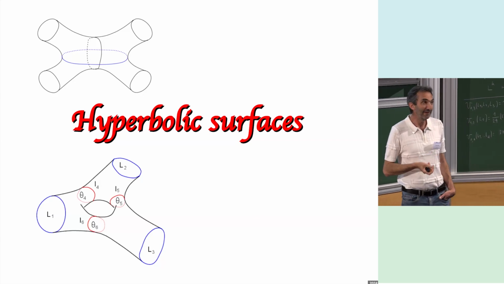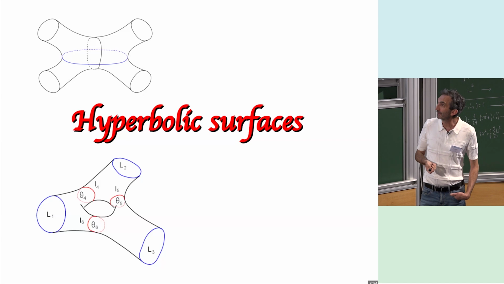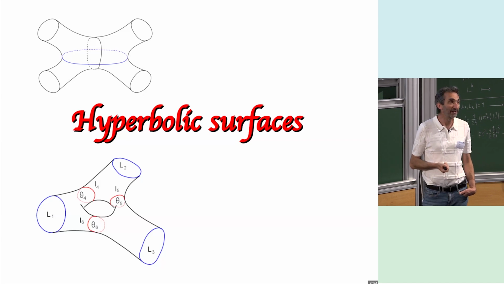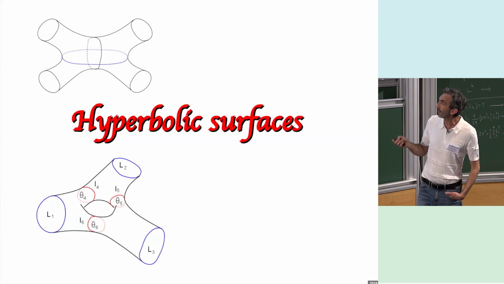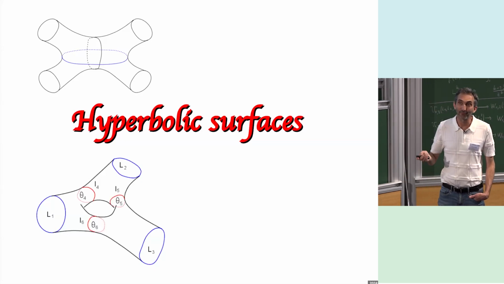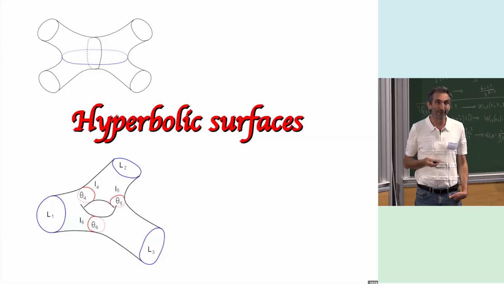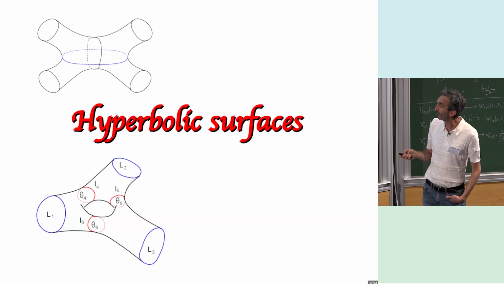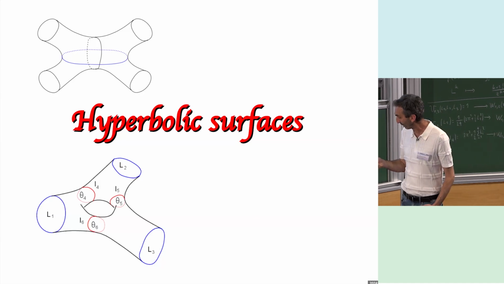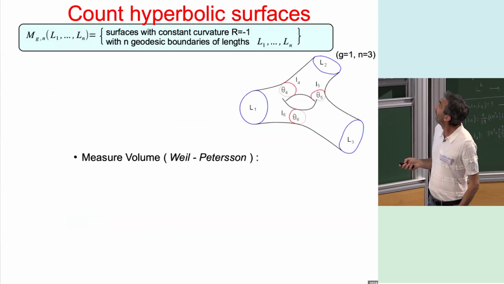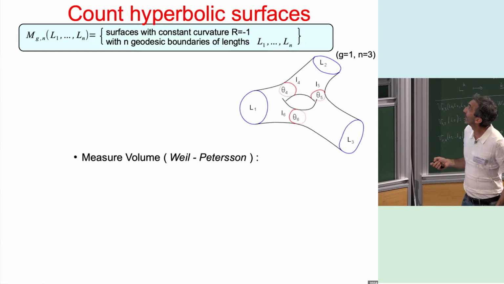This problem is also very fashionable recently in physics because it has applications to black holes, to the Jackiw-Teitelboim black holes. This counting problem is very much used in trying to compute the entropy of black holes, and diffusion amplitudes in black holes. It's very fashionable at the moment. So let me explain what we are talking about.